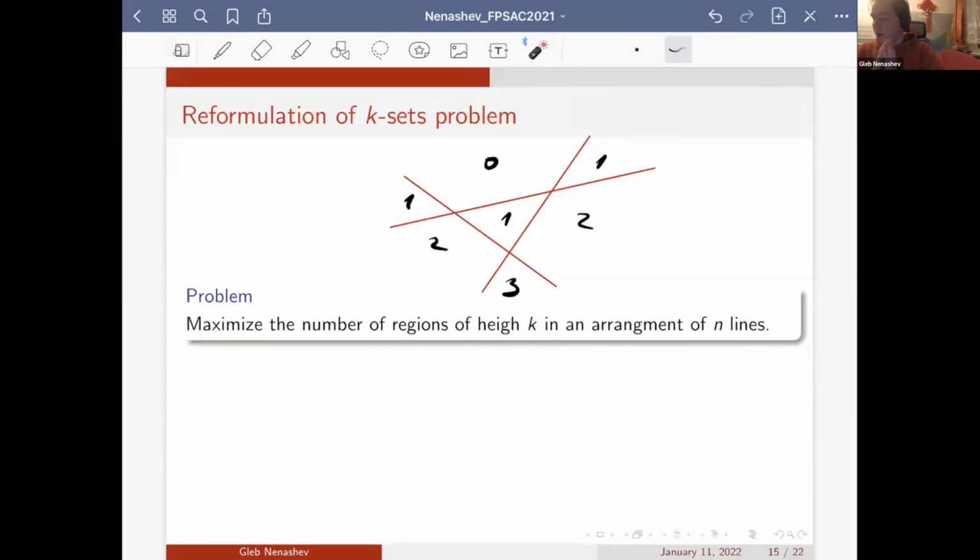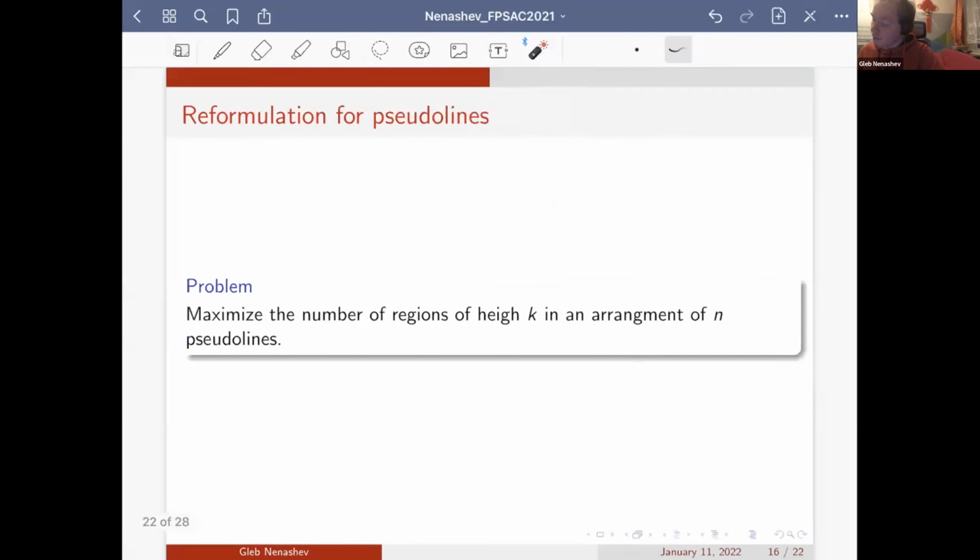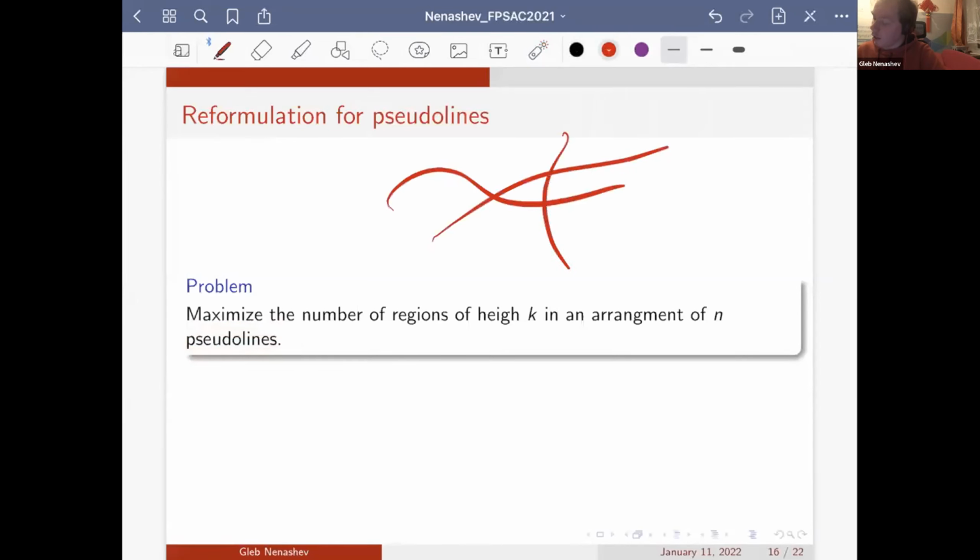Okay. And it's still not our problem. But if we change the arrangement of n straight lines to pseudo lines, it's very similar. So now we have n pseudo lines and a similar problem. An arrangement of n pseudo lines, we just draw some pseudo lines such that any pair has exactly one intersection.